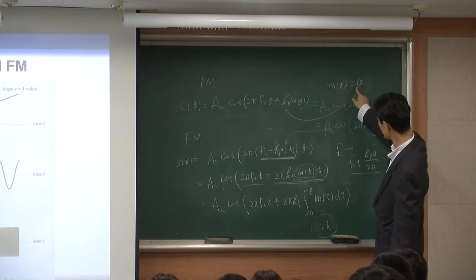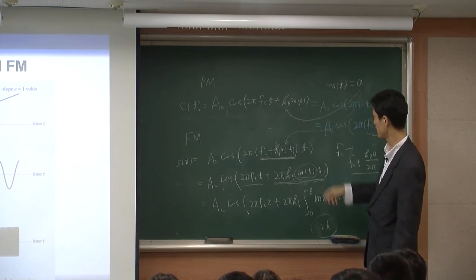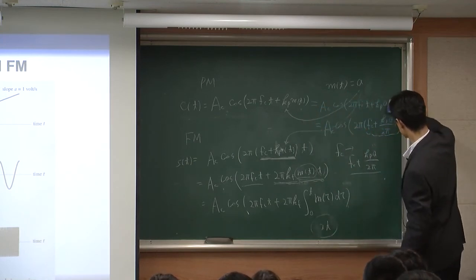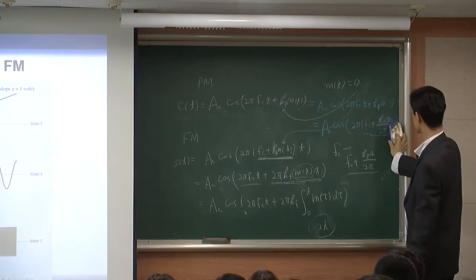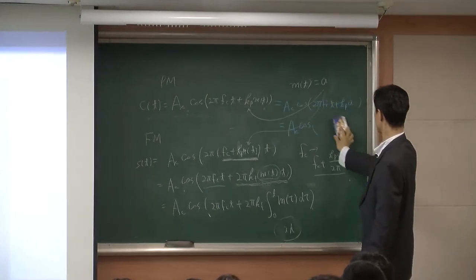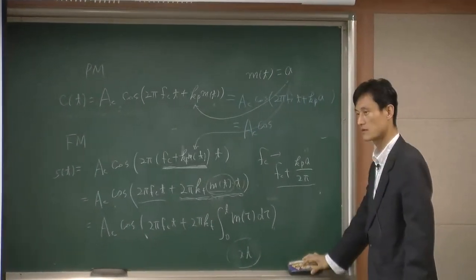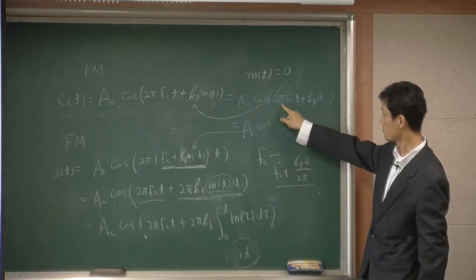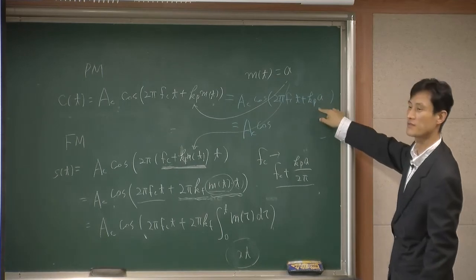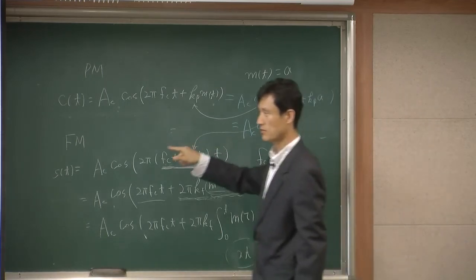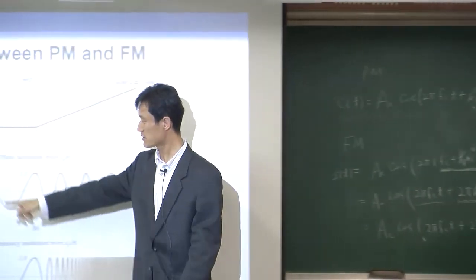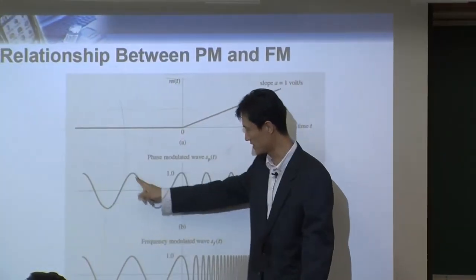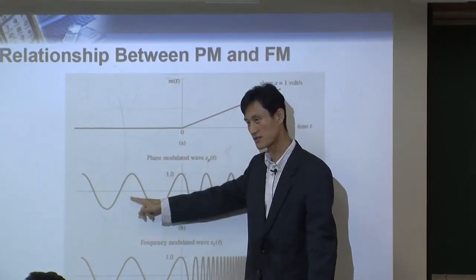But what if we put this message into here in the PM? You can do that here, same way. Then you're going to get this. So what does that mean? You have original 2 pi fct plus some constant value. What that means is you have the same carrier, same frequency. Right? Frequency is the same.